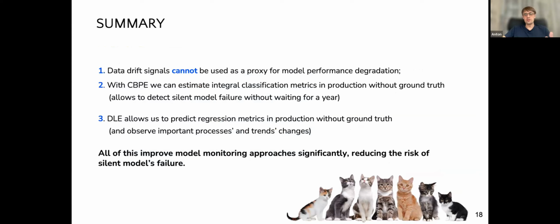Confidence-based performance estimation provides metric estimations and early warnings of silent failures for classification models, while direct loss estimation serves a similar function for regression models, detecting process changes and highlighting error trends. Together, these techniques significantly enhance our monitoring processes, helping us mitigate credit risks more effectively.